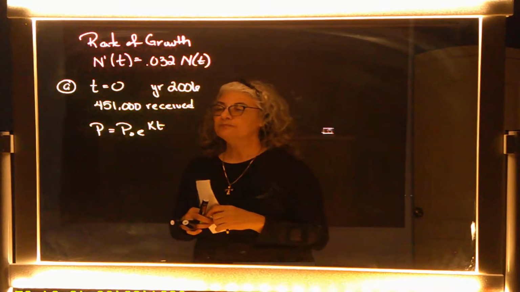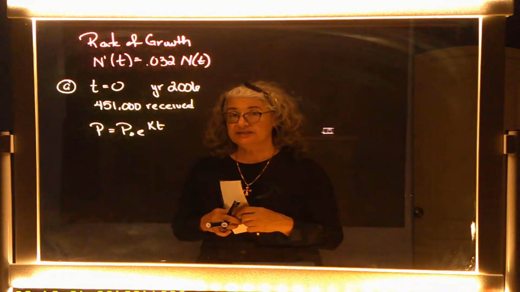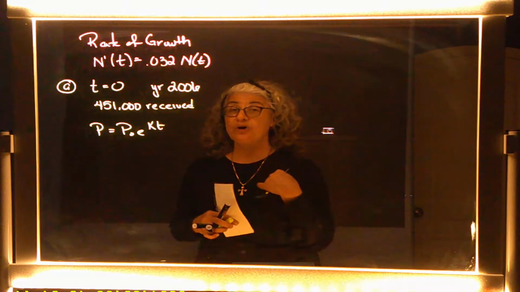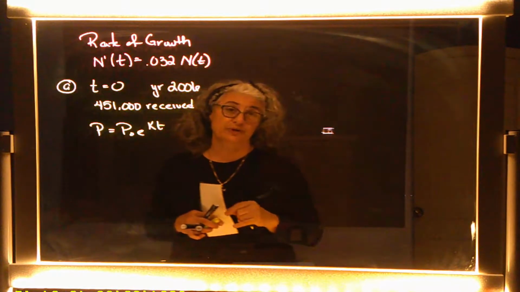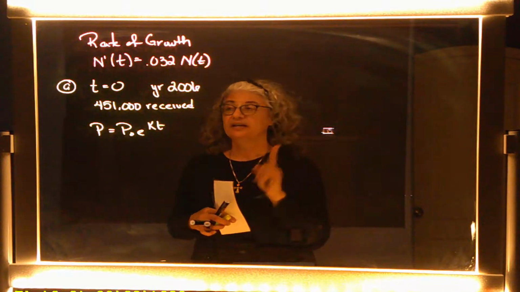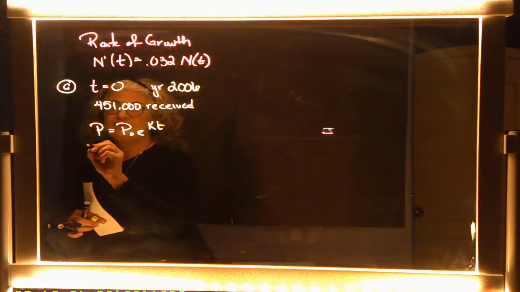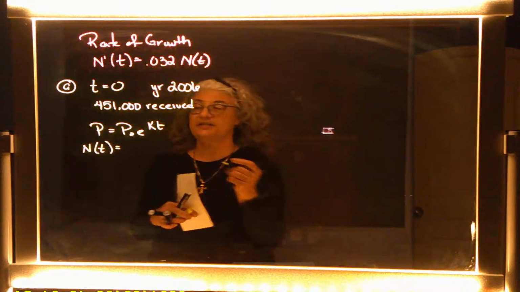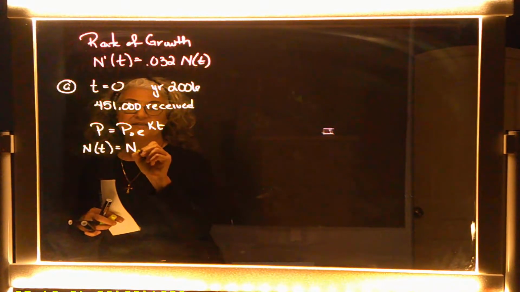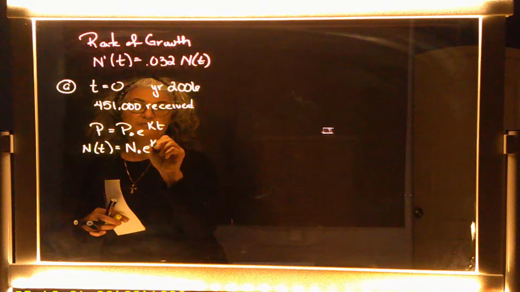Cool? Okay, now here's the deal. They want us to find an equation that is going to satisfy this growth rate model. If I'm going to find that N of t, let me just replace this. Instead of P, we're going to call it N of t, and this is going to be N sub 0, which means the initial amount.